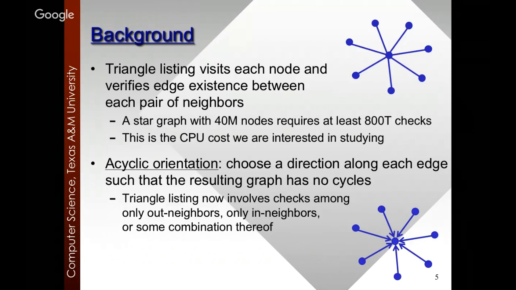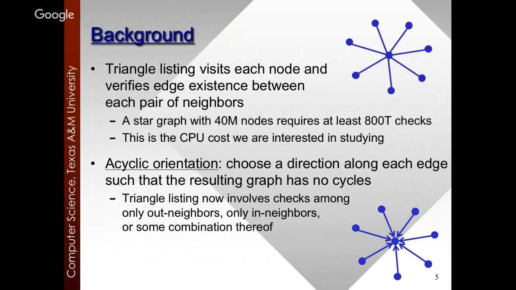So there is a famous technique which is called acyclic orientation, which is to choose a direction for every edge so that the resulting graph has no cycles. For example, if we orient this graph using descending orientation, the nodes are ordered in descending order of the degrees, and the nodes with larger labels have edges pointing to nodes with smaller labels.